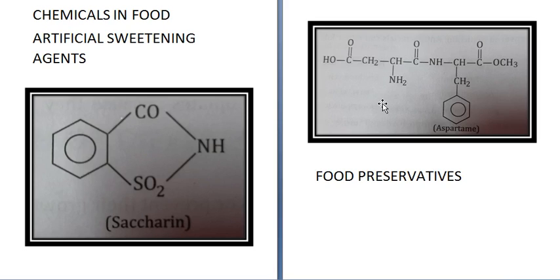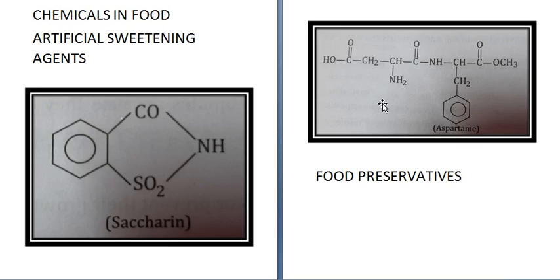Its use is limited to cold food and soft drinks because it is unstable at cooking temperature. Then next is alitame. It is more stable than aspartame and roughly 2000 times as sweet as sucrose. Sucralose is a trichloro derivative of sucrose and 600 times sweeter than sucrose. It is quite stable at cooking temperature and does not provide calories.